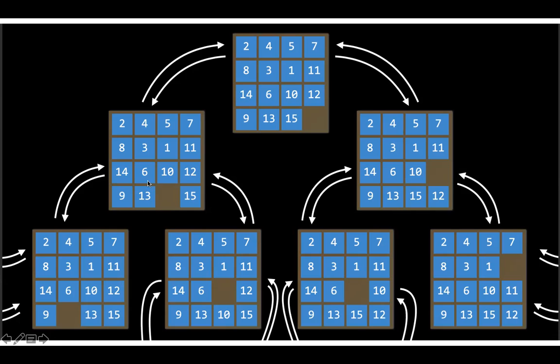The state space of this state includes these two options, and this is how it keeps on growing. The state space of this includes three options because there are three moves possible. And this is how the state space grows exponentially.